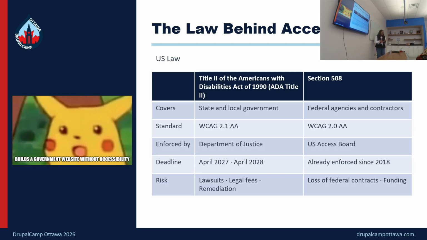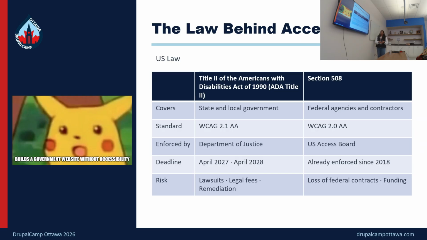The deadline for entities with a population greater than 50,000 is April 2027, and for entities with a population less than 50,000 it is April 2028. This has just been updated. Previously it was 2026 to 2027. The risk is lawsuits, legal fees, and remediation.